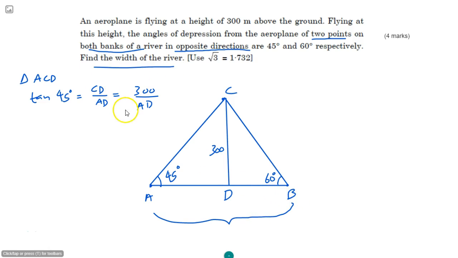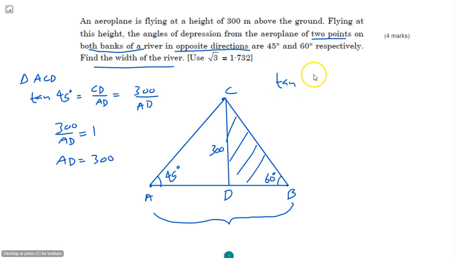You know that tan 45 is 1, so you can write 300 by AD equal to 1 or AD equals 300. From this triangle BCD, we can write tan 60 degrees is CD by BD, which is 300 by BD.